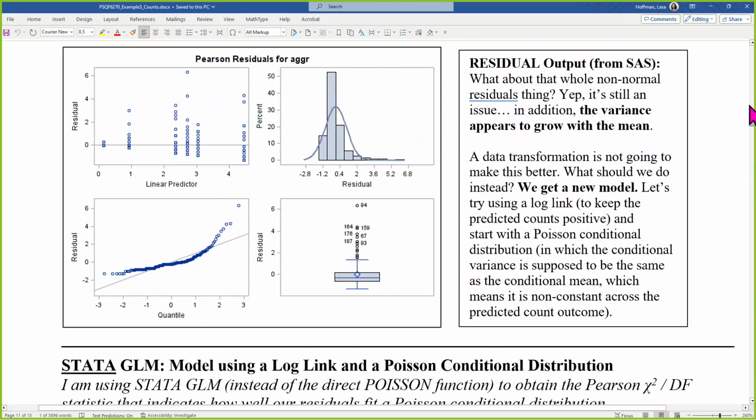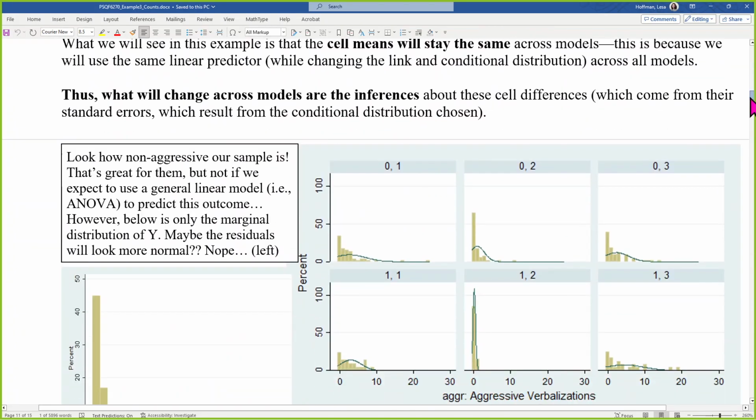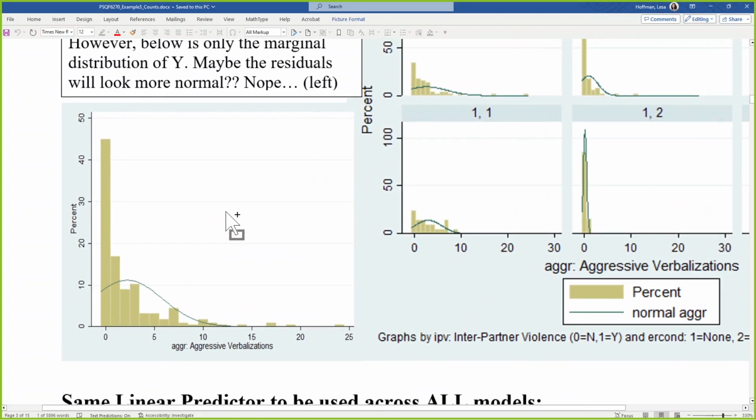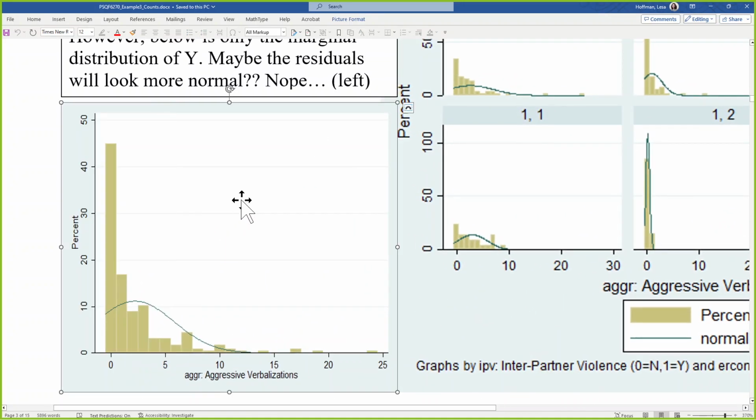However, let me go back to the picture at the very beginning of the story. This picture. There's a vocabulary word that we talked about with respect to this picture and the number of zeros in it. So Poisson can fail in 3 different respects. You can have too much variance, it could have no zeros, or it could have too many.